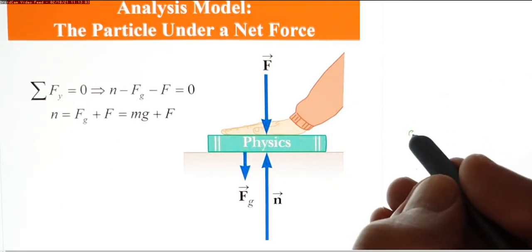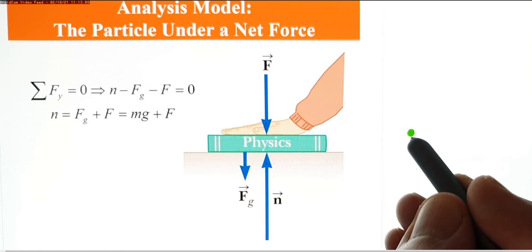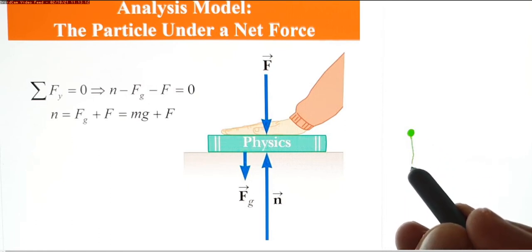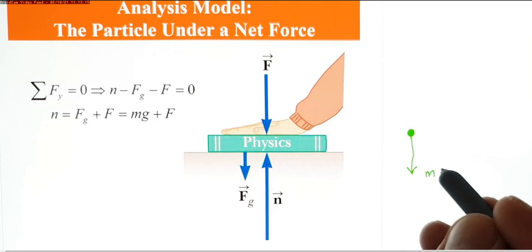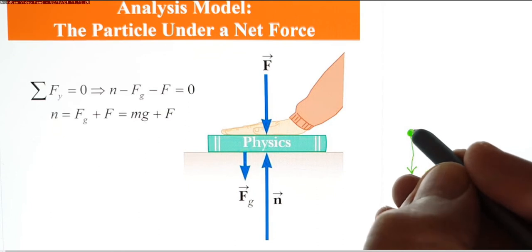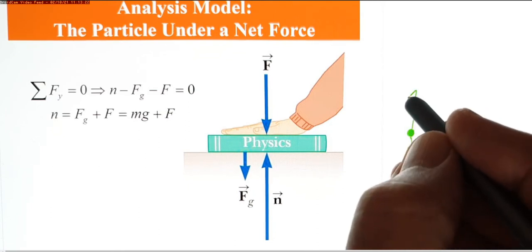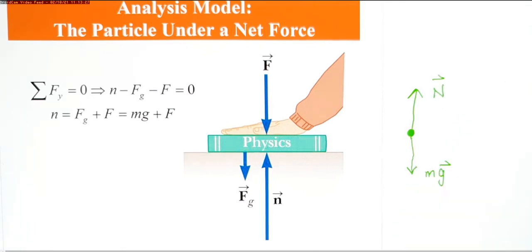Well, this is the book. So the book has gravitational force mg, and we have the normal force, but now we applied an external pressure, so an external force.